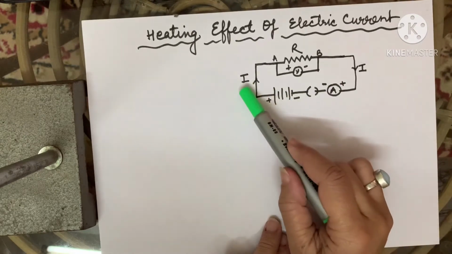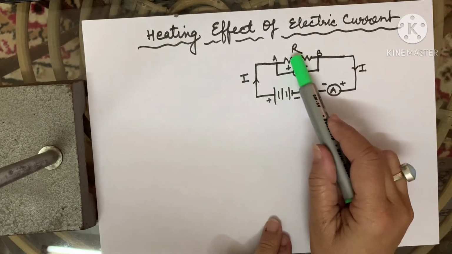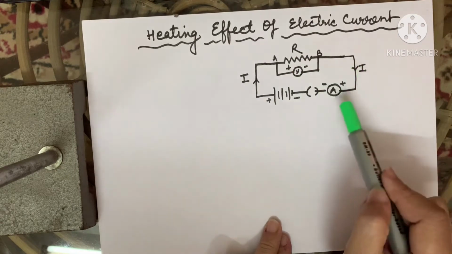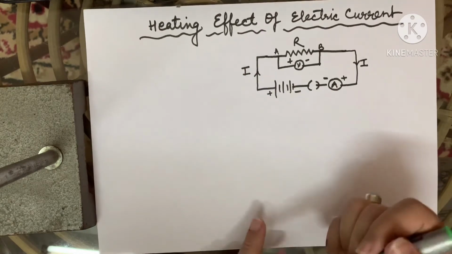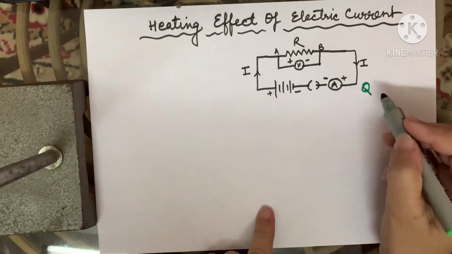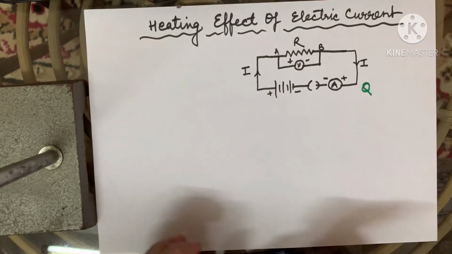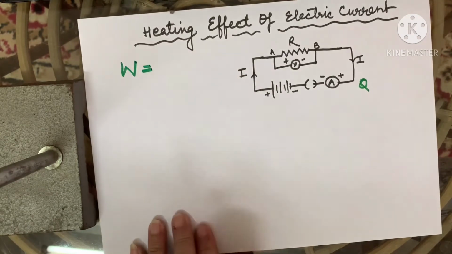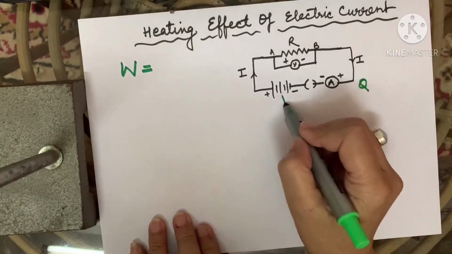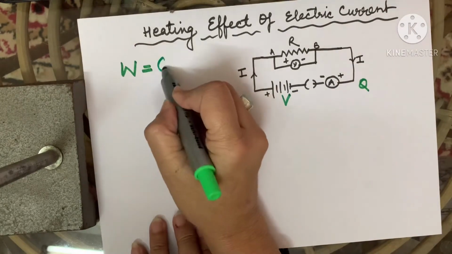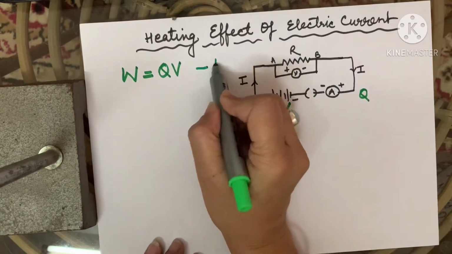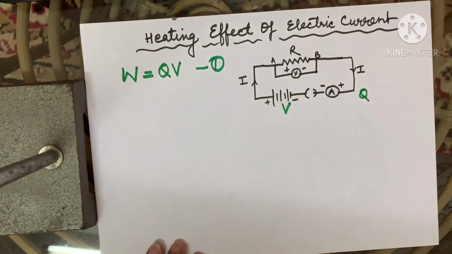If a current I flows through a resistor or resistance R, and T is the time for which a charge Q flows through it, then the work done to move the charge through the potential difference V will be QV. So we'll start with the formula W = Q × V. Let us take it as equation 1.